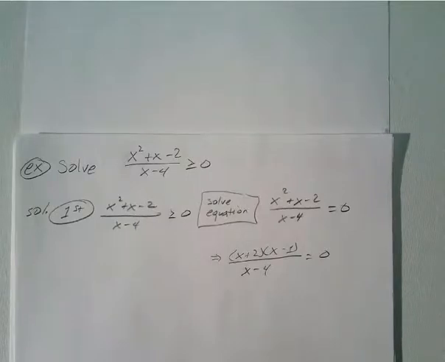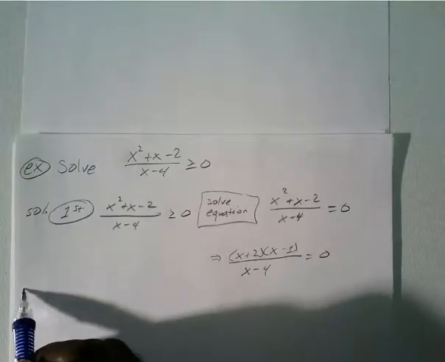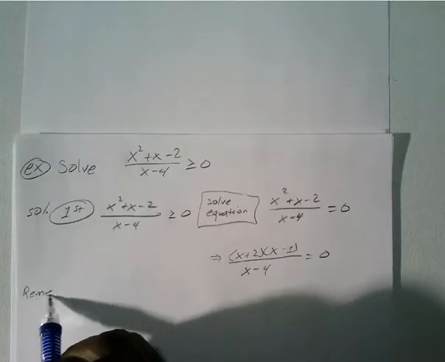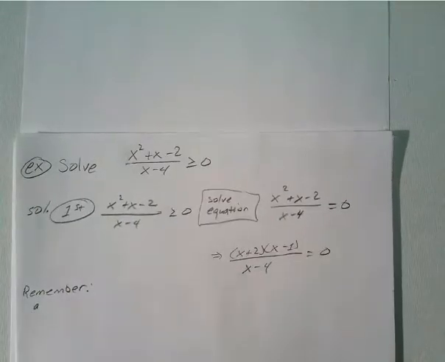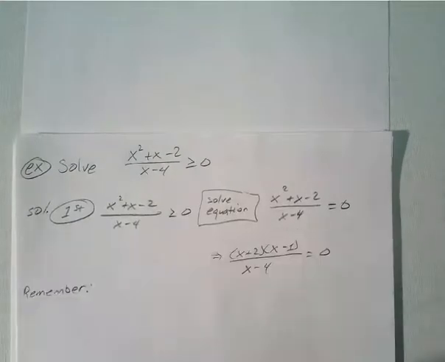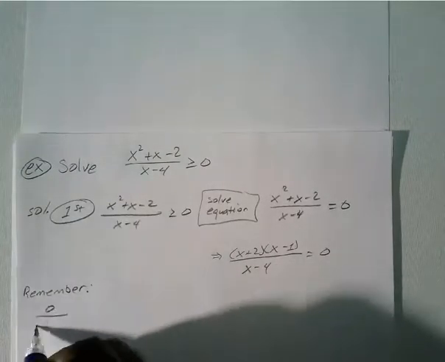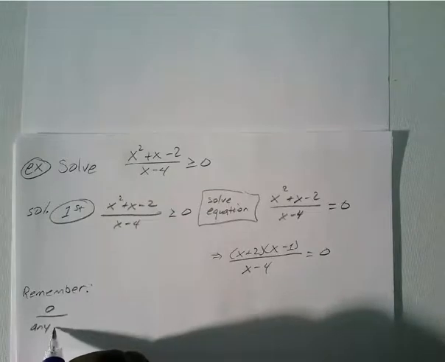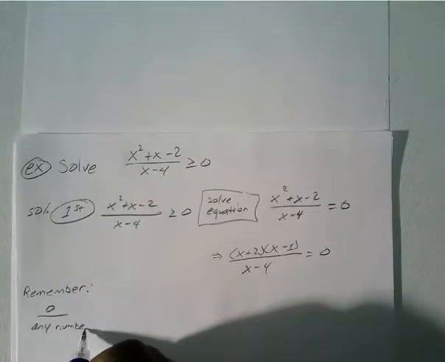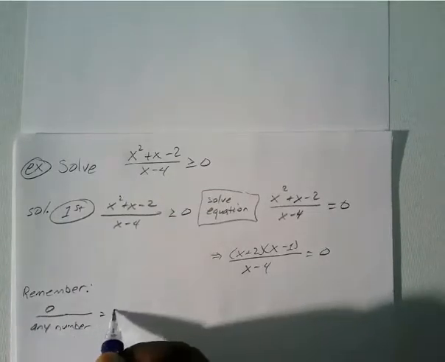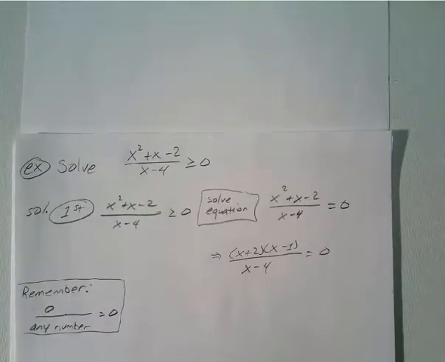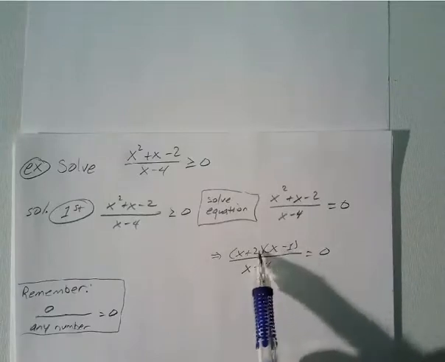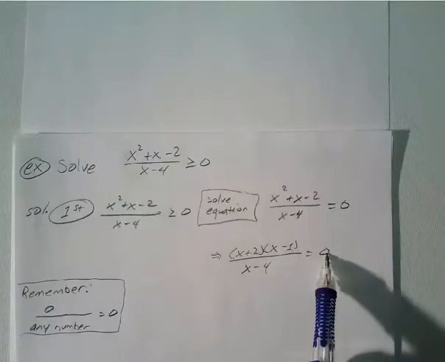How do we know that equals 0? One thing you want to remember is that 0 divided by any non-zero number is equal to 0. So all we have to do is make our numerator equal to 0, and that will make this true.